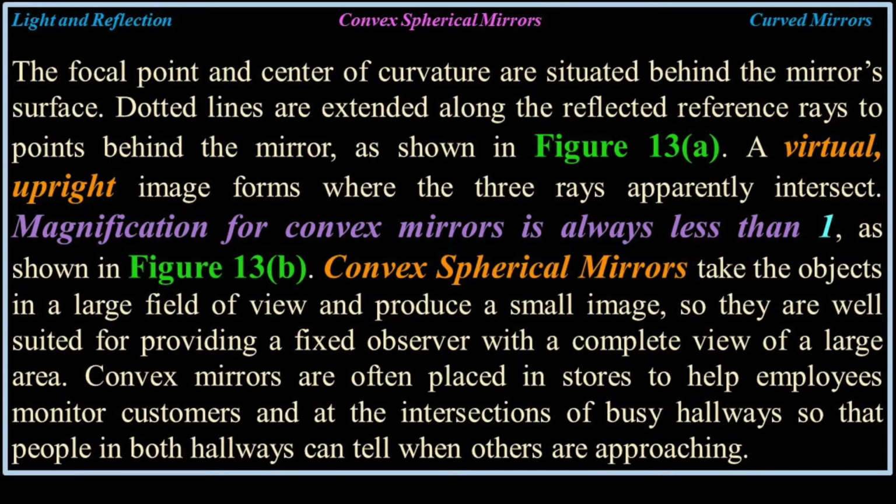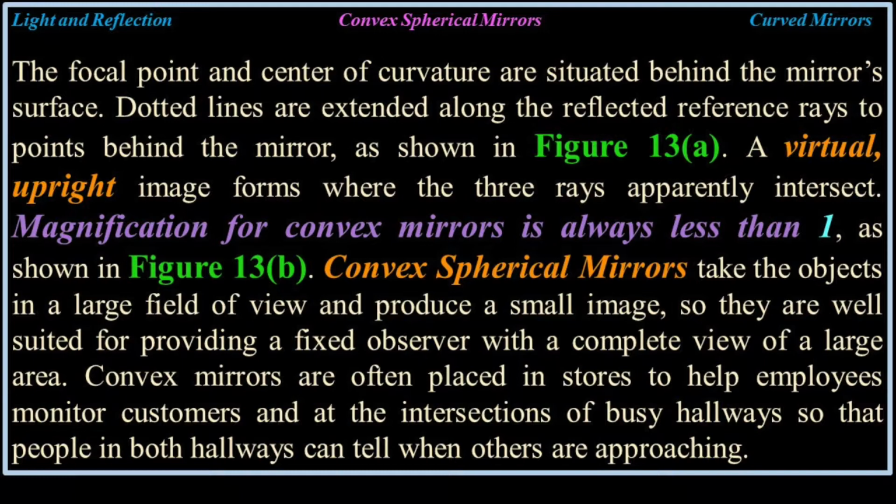The focal point and center of curvature are situated behind the mirror's surface. Dotted lines are extended along the reflected reference rays to points behind the mirror as shown in Figure 13a. A virtual upright image forms where the three rays apparently intersect. Magnification for convex mirrors is always less than 1, as shown in Figure 13b.